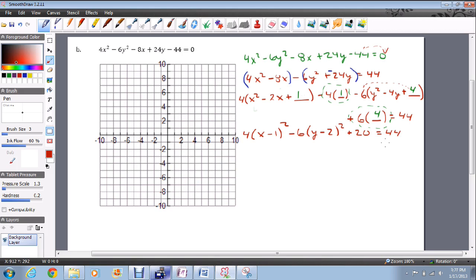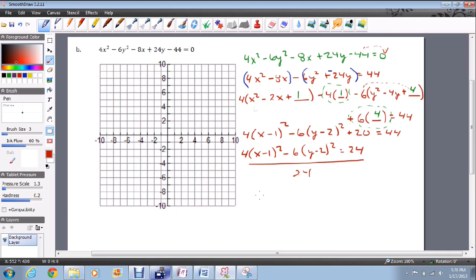I'm going to subtract 20 from both sides, so I still have all of this same stuff. Now I want my answer to be two fractions on the left-hand side, and also this whole equation has to be equal to 1. So I'm going to divide everything by 24.